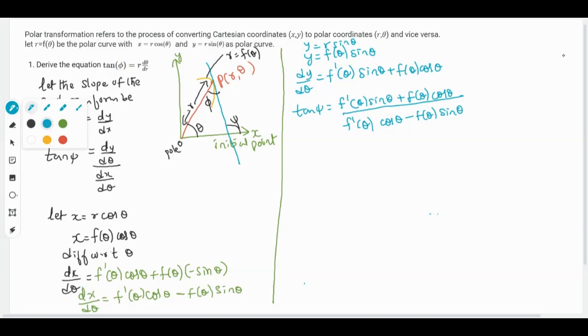We need to make the first term in the denominator as 1, so here we divide by f dash of theta cos theta.